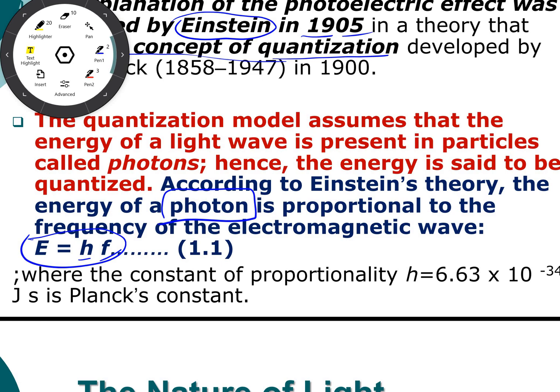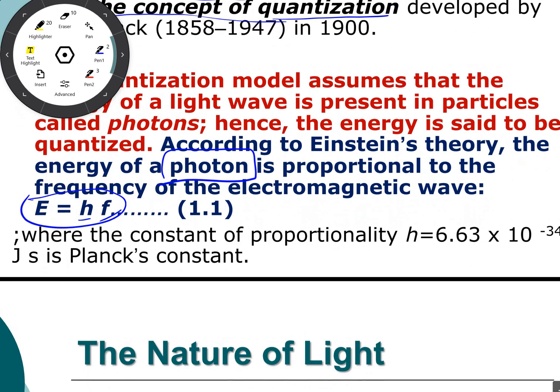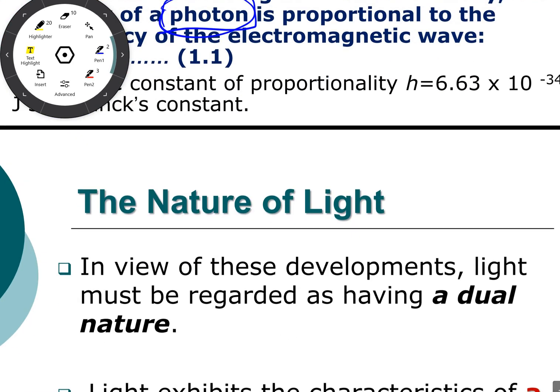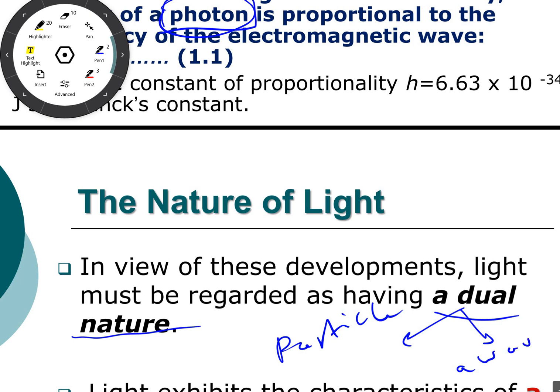And according to Einstein's theory, the light consists of photons, and this photon is something between the wave nature and the particle nature. And this is the reason we can claim that the light has a dual nature. Because in some experiments the light behaves like a particle, and in some experiments the light behaves like a wave.